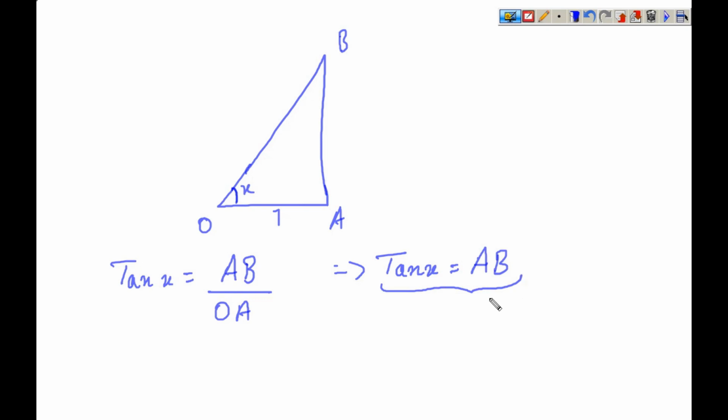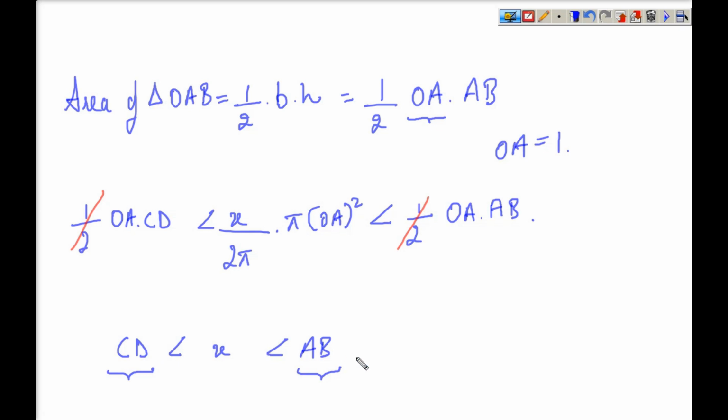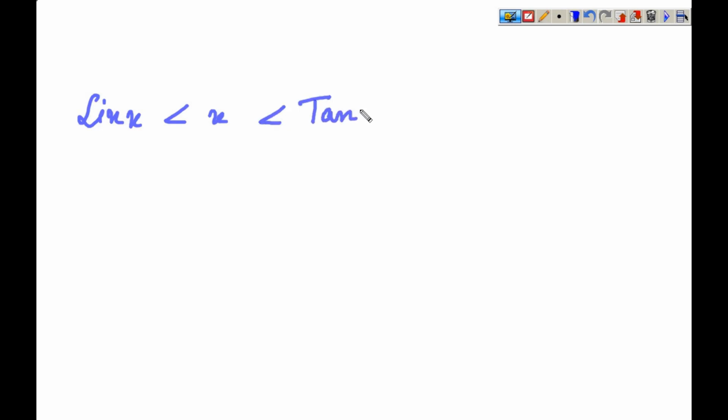So we got the values of AB and CD. Let's substitute them in this inequality. CD is sine x, so we get sine x is less than tan x, right?